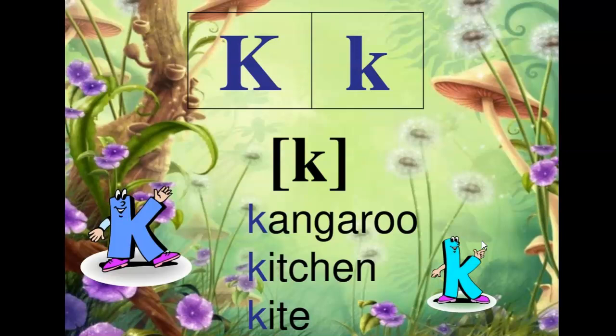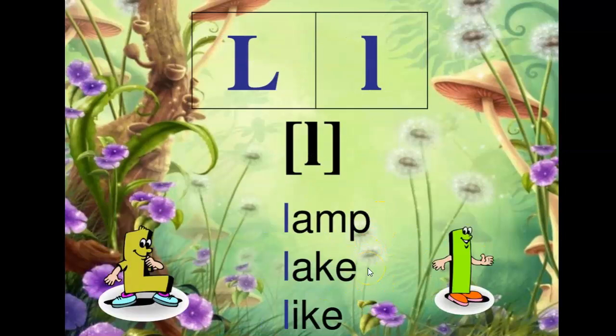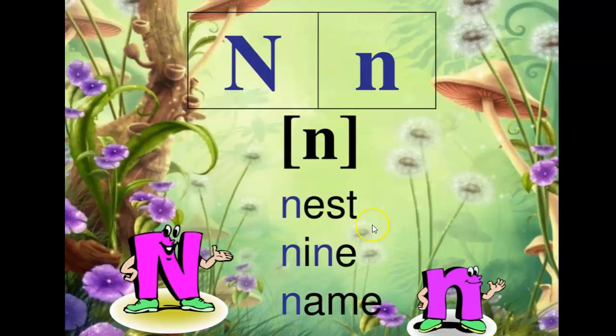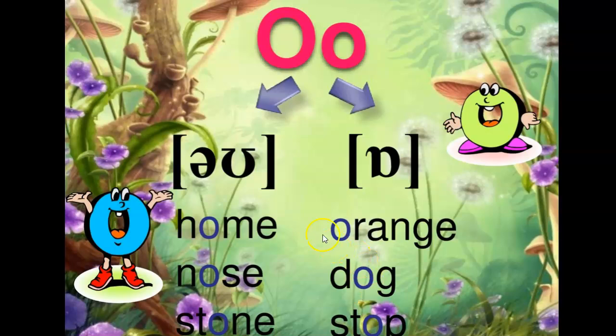K: kangaroo, kitchen, and a kite. L: lamp, leg, and lake. M: mouse, mic. N: nest, nine, and name. O: home, orange, dog, stop, stone, nose, and home also.